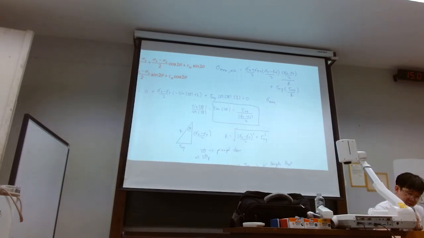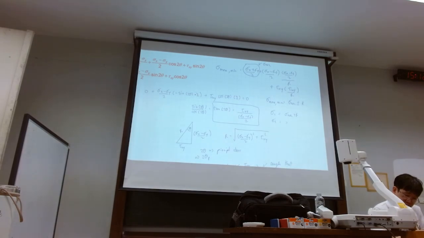So max min would be, I would call this sigma average, by the way, equal to this plus r. And in the end, it's either plus or minus r. So again, sigma 1 is actually your sigma average plus the r.